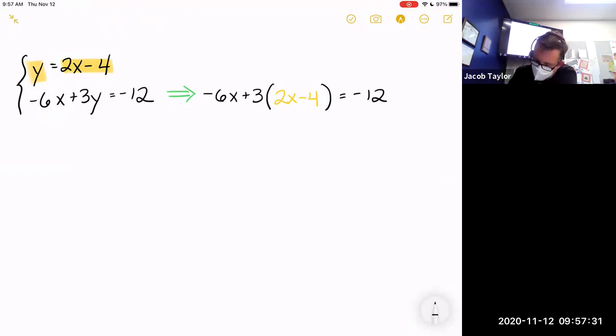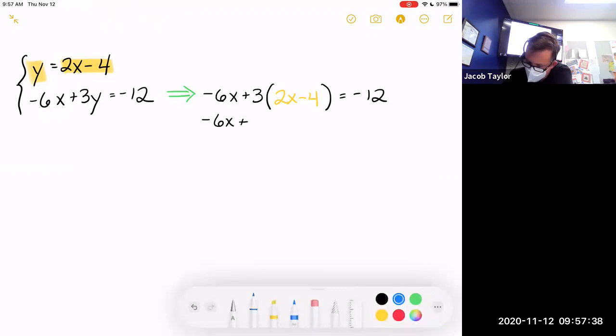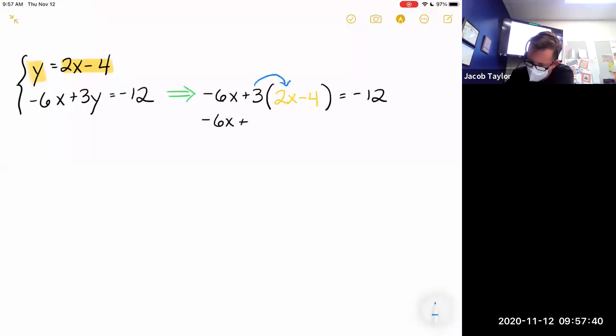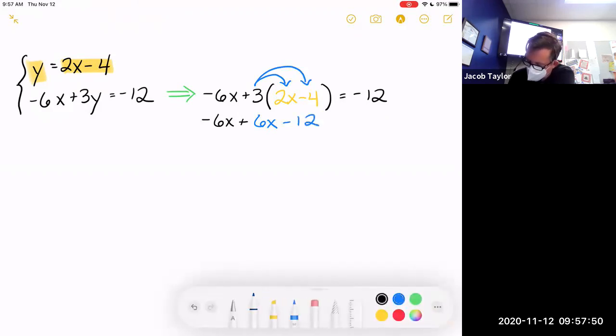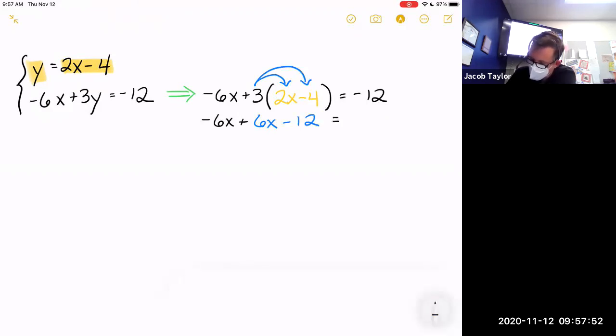Looks like I have a little bit of distributive property to do. The negative 6x will stay put. And then I'm going to have 3 times 2x, which is 6x. And then 3 times negative 4, which is negative 12, equals negative 12.